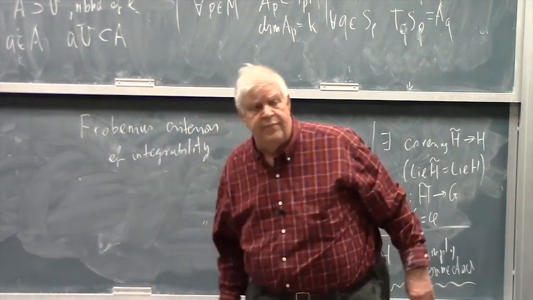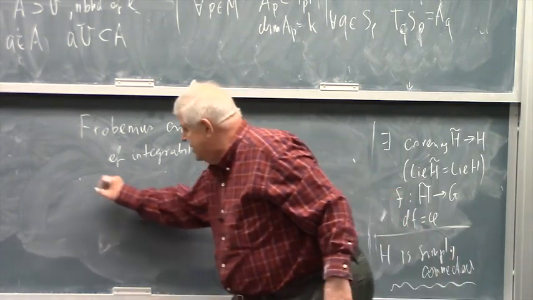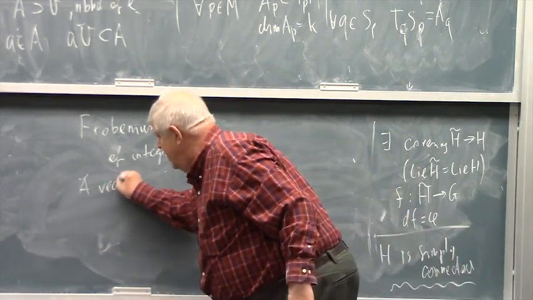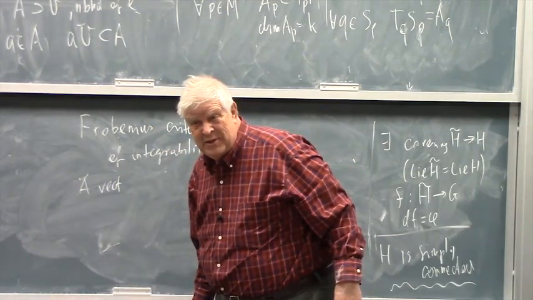I need some terminology. A vector field X. So I have a distribution A. I do not need to introduce this notation again.